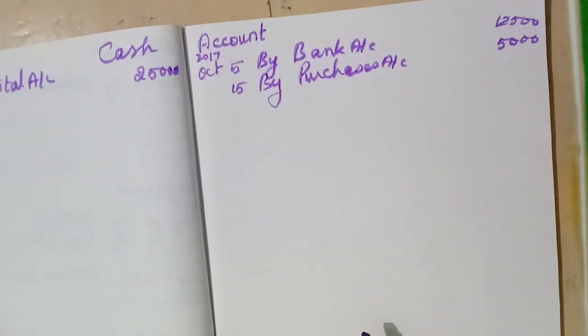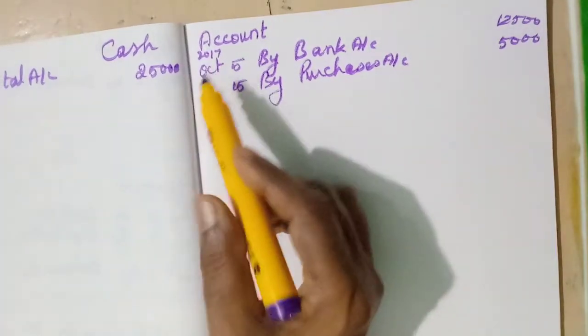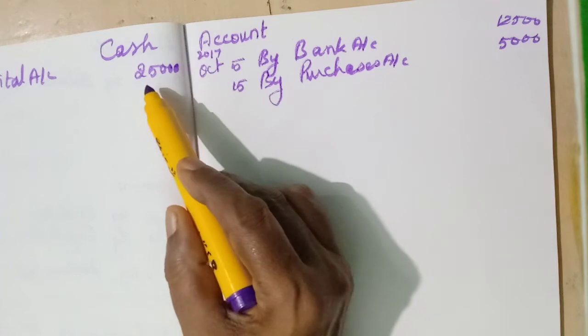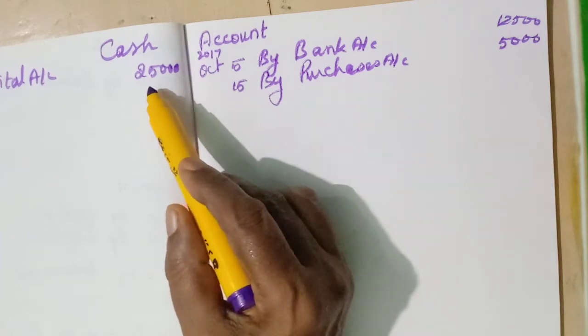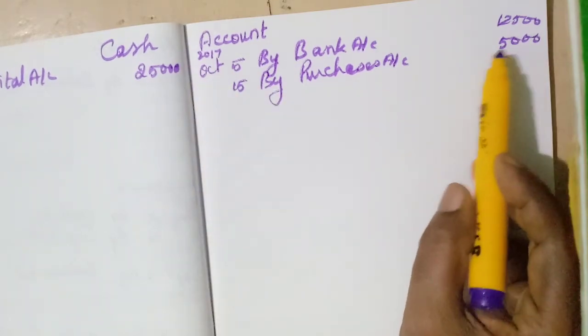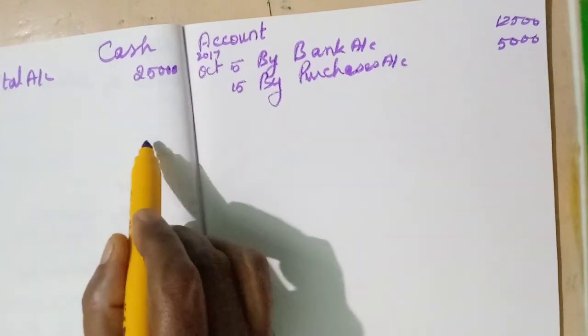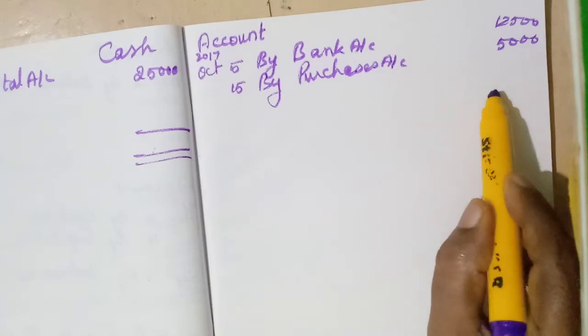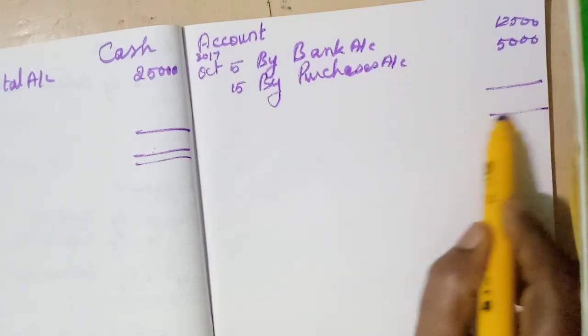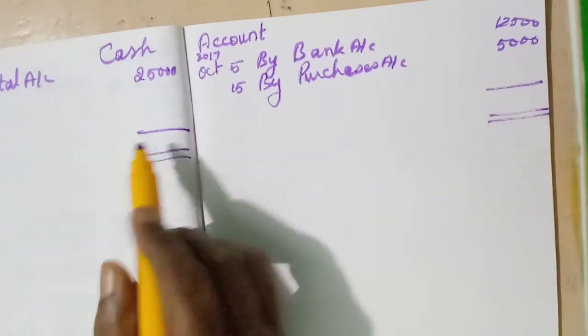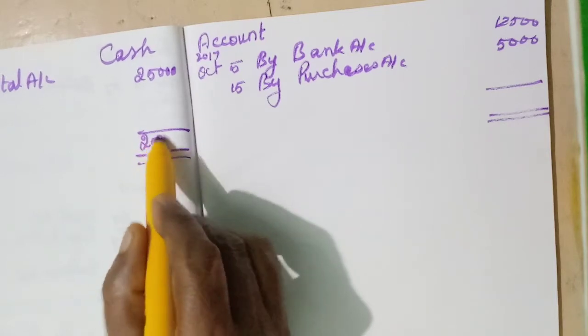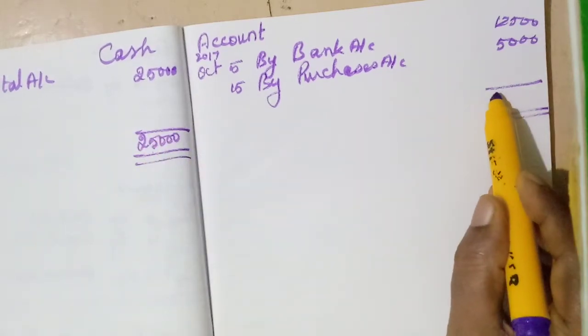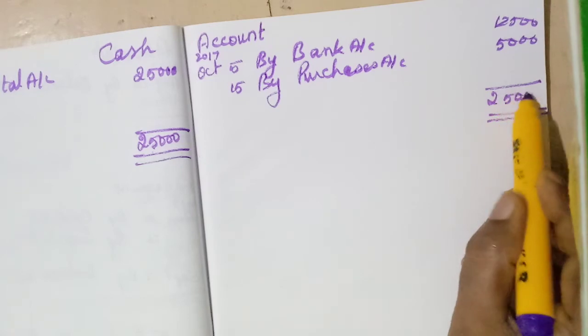No cash. Then 22 also no cash. So we will close this account. Check the larger amount total. Here 25, here 17. So write this larger amount in the amount column total. Draw to same line, one line, the next line double line. So larger amount 25,000. Same amount you write here also 25,000.